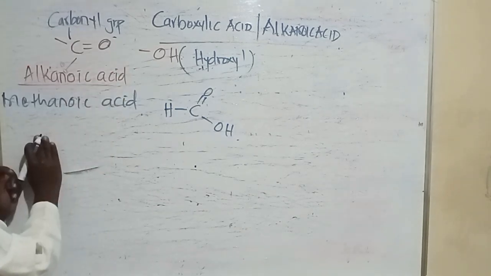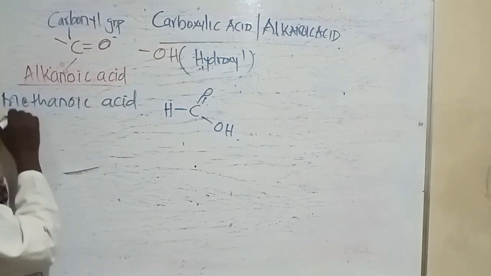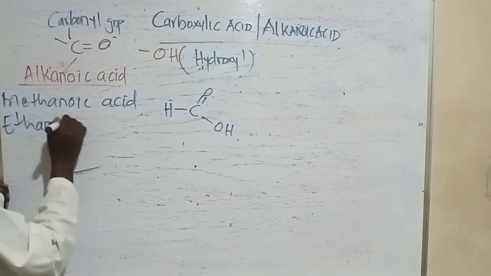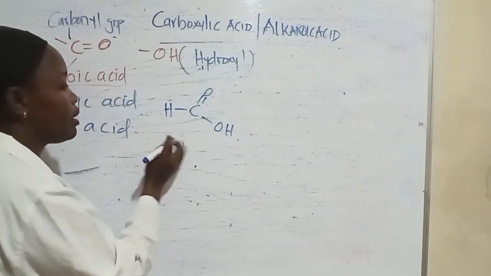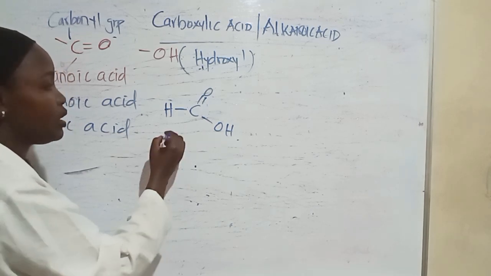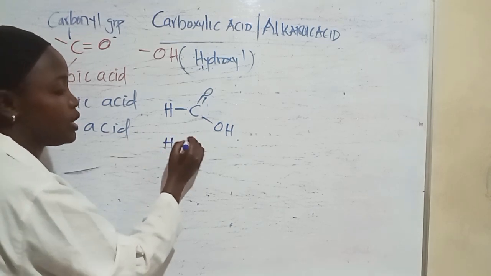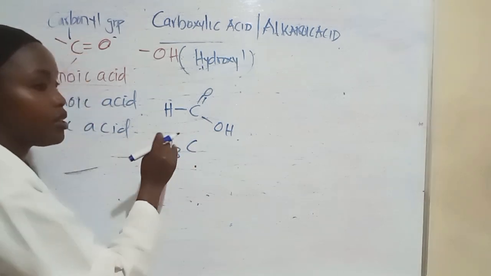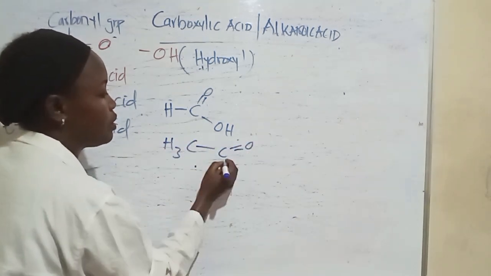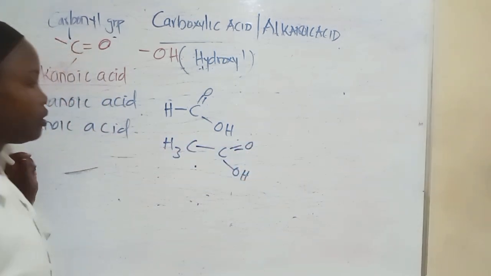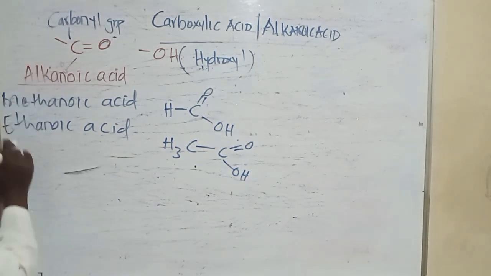We have methanoic acid. The other one is ethanoic acid. And how are we going to write our ethanoic acid? Ethanoic acid is going to be H3C, then the carbonyl and OH. Okay. So we have methanoic, ethanoic.